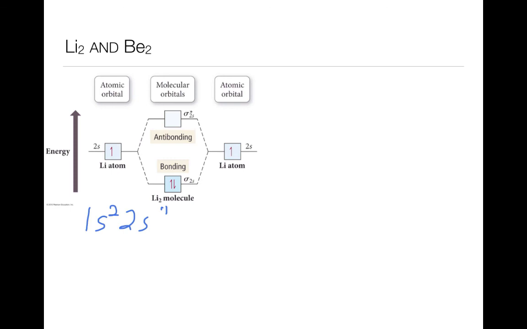We're going to bring those down into our molecular orbitals. Your 2s is going to combine just like your 1s and form a sigma 2s bonding and a sigma 2s anti-bonding. We've got one electron in each of those two 2s orbitals, and they come down into the sigma 2s bonding. If we calculate a bond order for that, we would find a bond order of 1, and in fact we do see the Li2 molecule in spectroscopic studies when it's in the gas phase.